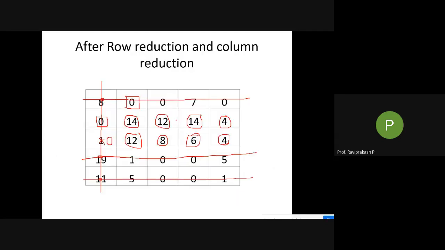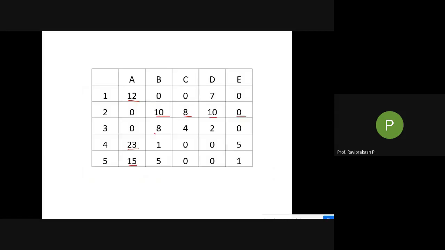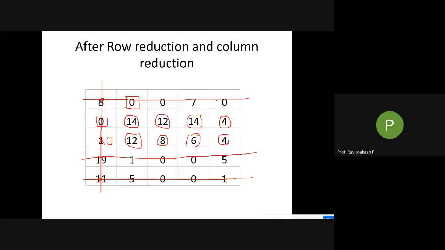Then back, if you see, again I am having 12, 12 minus 4 is 8, 8 minus 4 is 4, 6 minus 4 is 2, and 4 minus 4 is 0. So if you see here, am I getting 12, 4, 2, 0? Yes. I'll mark it for you. 4, 2, 0. Okay, so these are the values which we are altering. Rest as it is we need to keep.